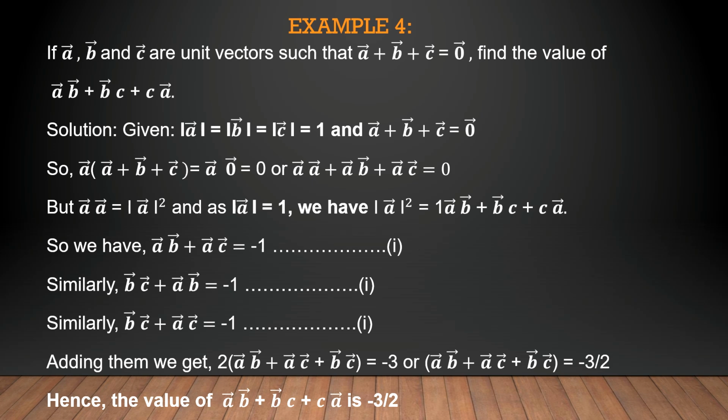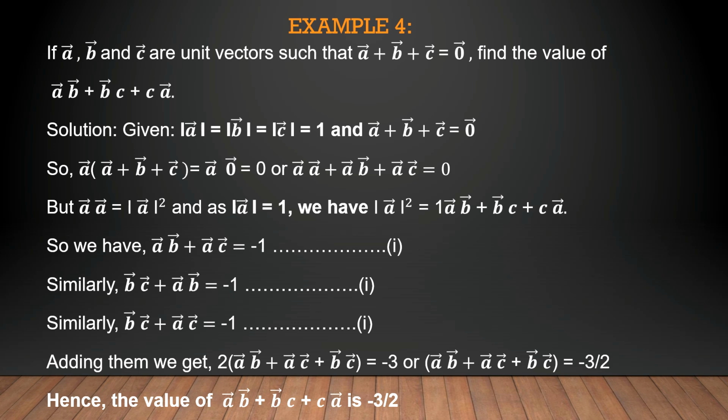So what we have obtained is A·A plus A·B plus A·C is equal to 0. But vector A dot vector A is nothing but magnitude of vector A whole square. Since it is given that magnitude of vector A is 1, obviously magnitude of vector A whole square is also equal to 1. So what we have obtained is the first equation, which is A·B plus A·C plus 1 is equal to 0, or vector A·B plus vector A·C is equal to minus 1.